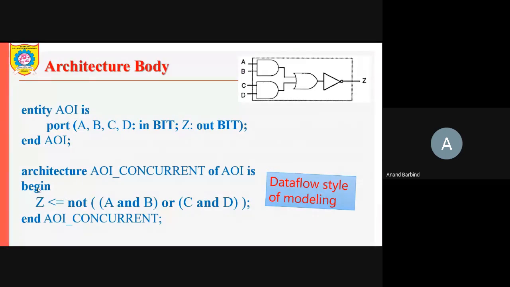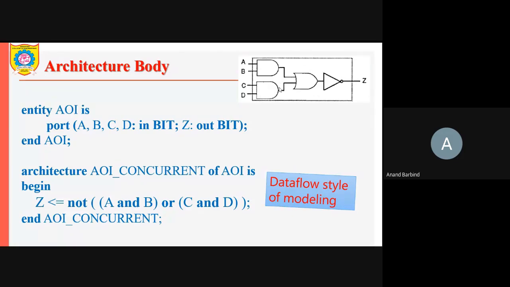Then you write the beginning of the architecture with the begin keyword. Then you write a signal assignment statement. Of course, we shall be seeing the various statements later. The signal assignment statement is like this: Z, this is the assignment, then not, in brackets, A and B. Okay, so we are going to describe this particular circuit.